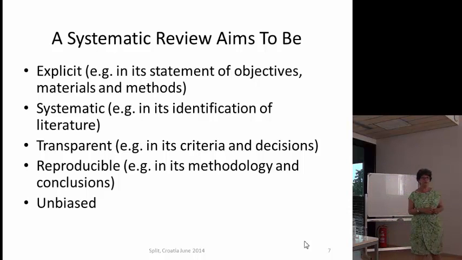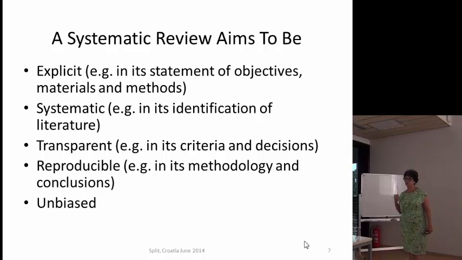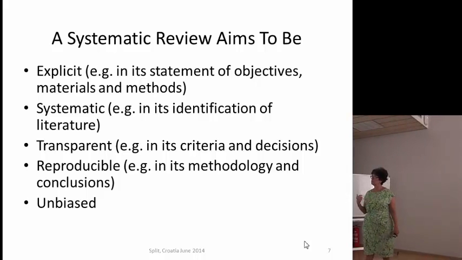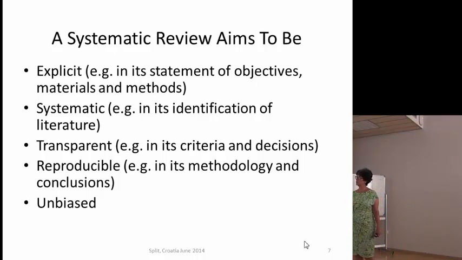It tries to be systematic, for example, in the way literature is identified. So if you look at the section in a systematic review that discusses how the literature was identified, it's typically a lot longer than that similar description would have been in a traditional narrative review.